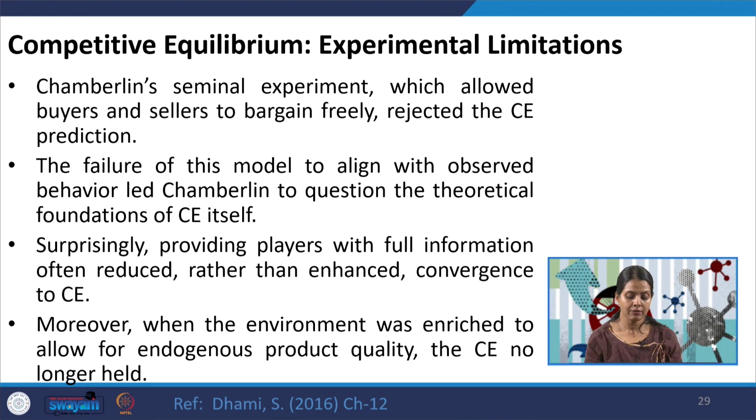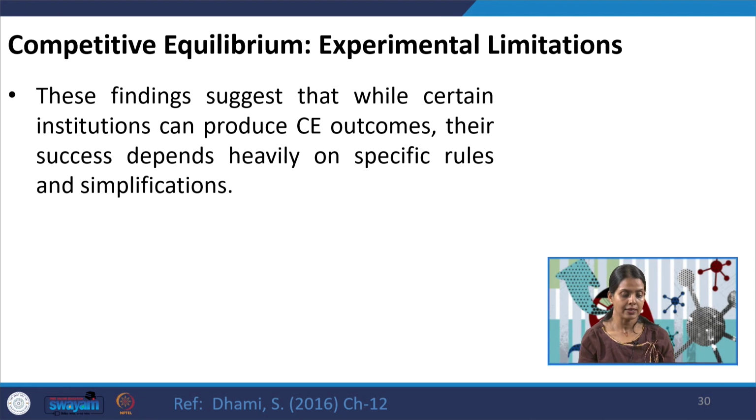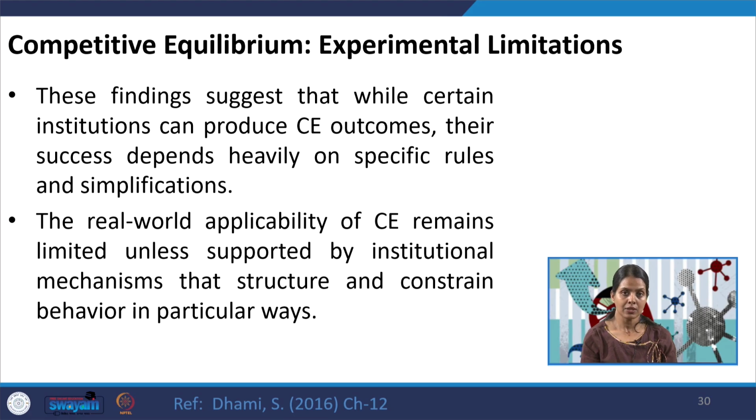Moreover, when the environment was enriched to allow for endogenous product quality, the CE no longer held. These findings suggest that while certain institutions can produce CE outcomes, their success depends heavily on specific rules and simplifications. The real world applicability of CE remains limited unless supported by institutional mechanisms that structure and constrain behavior in particular ways.